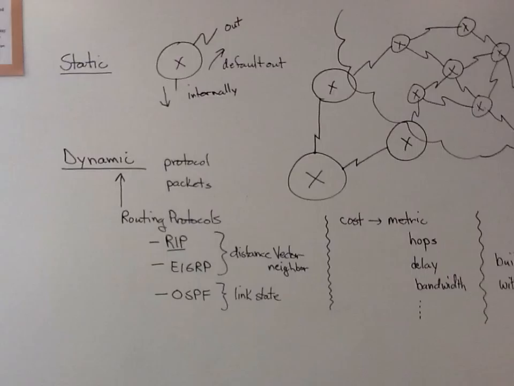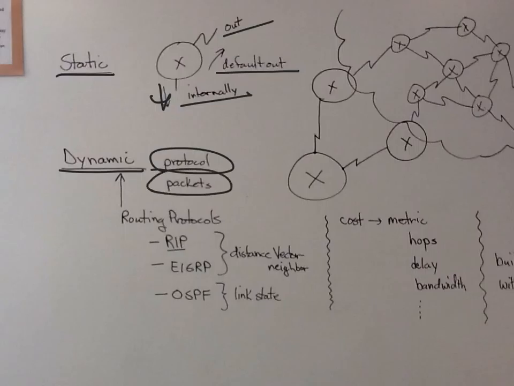Here we're more formally talking about static routing, dynamic routing. Again, I talked about default out, static back in, internally going to the outside. Protocols, packet switching, and these are called routing protocols. RIP, EIGRP, OSPF are the ones we deal with.